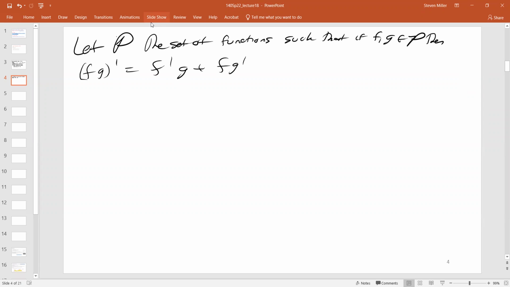So it's the set of functions such that if I take any two functions from that space, their product satisfies this conjectured product rule. So can somebody give me some examples of functions in P?